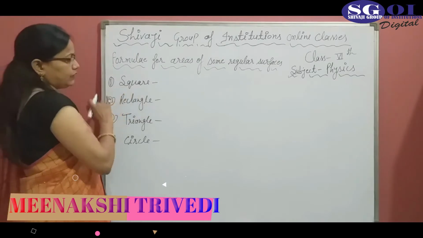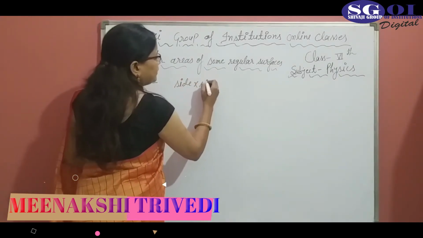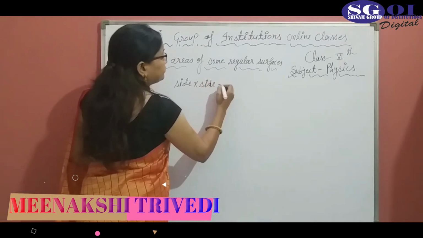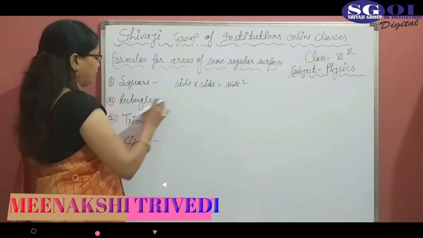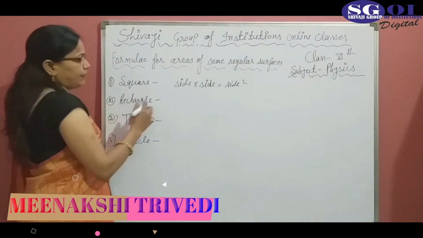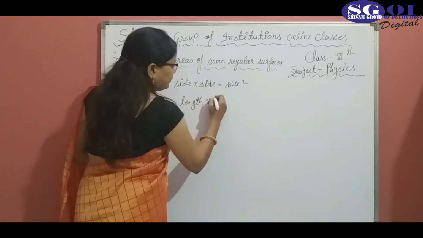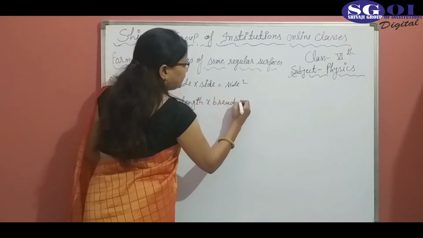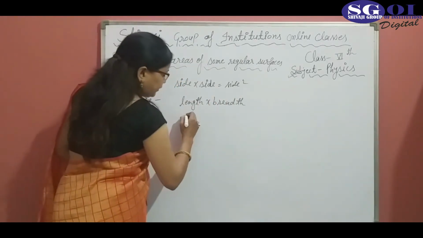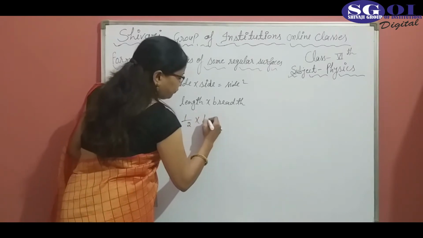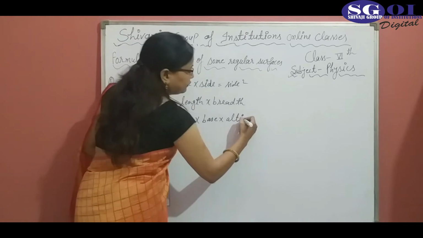So the area of a square equals side into side, which is equal to side square, and area of rectangle equals length into breadth, and area of triangle equals 1 by 2 into base into altitude.